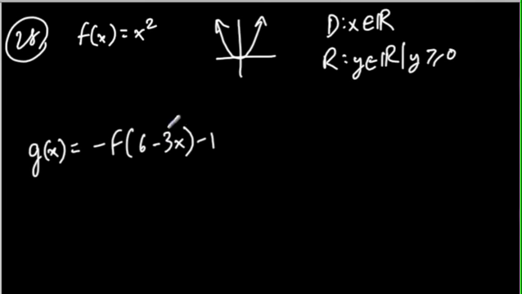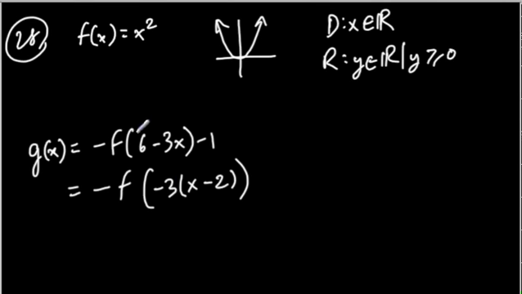So remember, we have to always factor the argument first when we're doing g of x. So we get negative f of negative 3 times x minus 2. The reason why it's x minus 2 is because negative 3 times negative 2 is positive 6, minus 1. So let's plug it in.